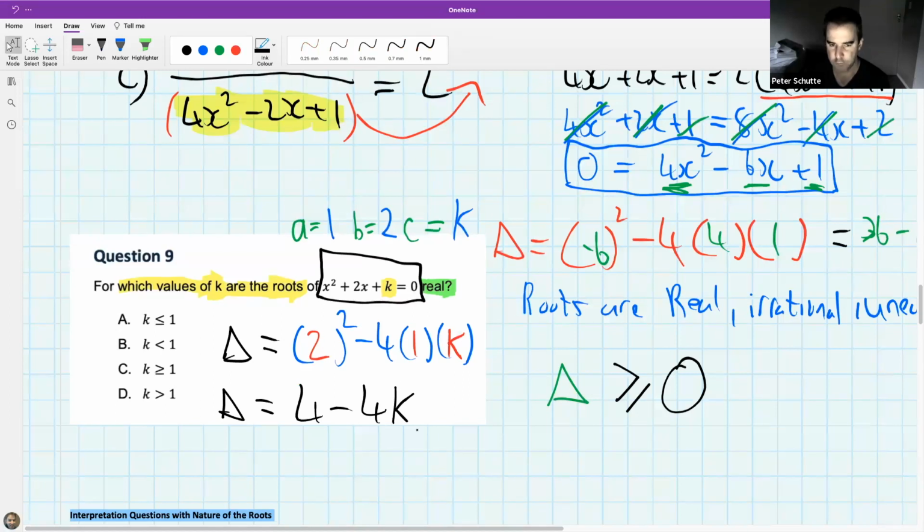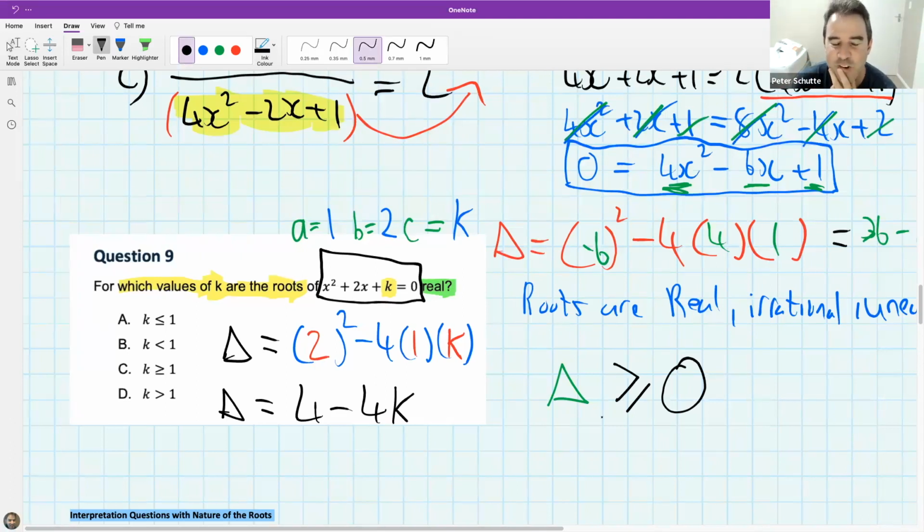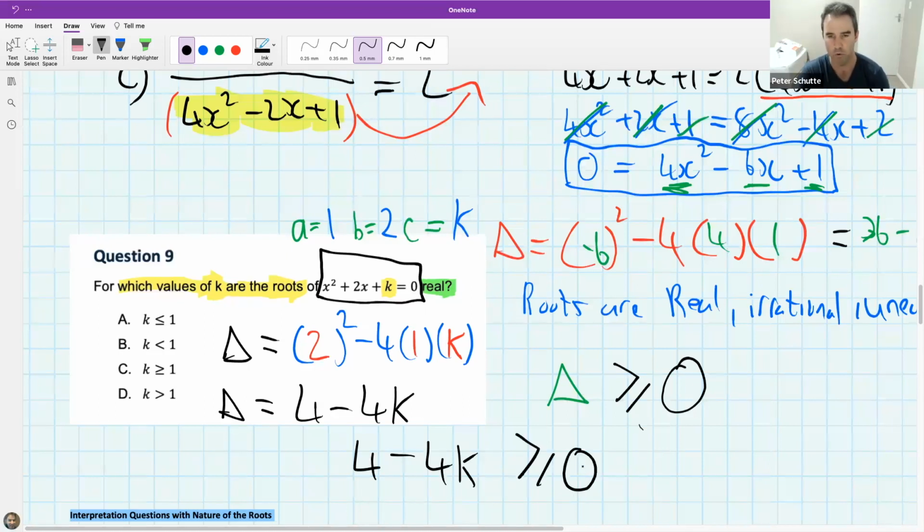We also know that for the roots to be real, delta must be greater than or equal to 0. Who would like to tell me how I put these two worlds together? I know there's someone out there who has an idea. So the way we're going to do this is we say 4 minus 4k, which is delta, must be greater than or equal to 0.